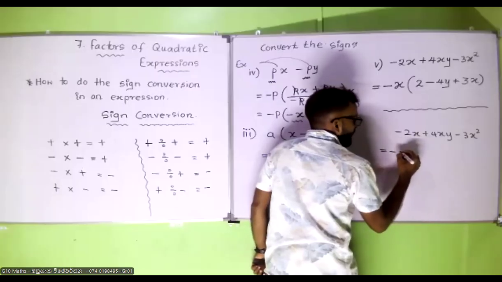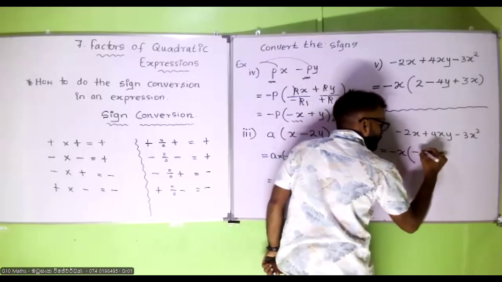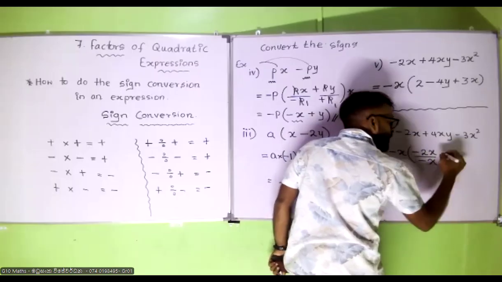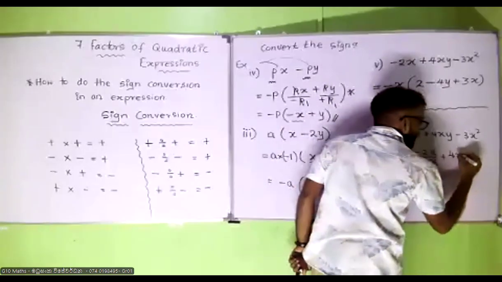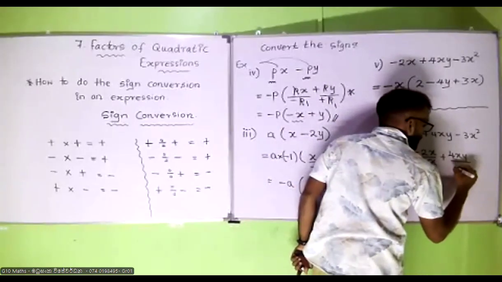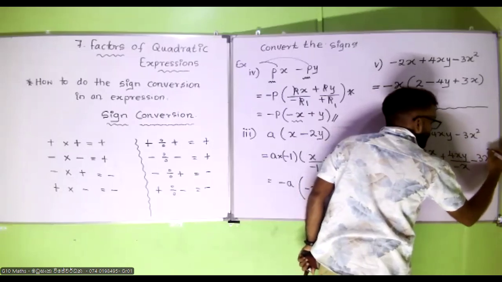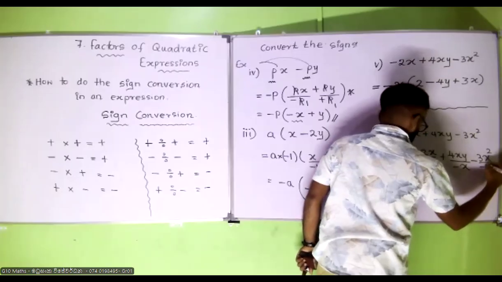I am going to take negative x out from this. That means I am going to divide this negative 2x by negative x. Here you have positive sign, 4xy divided by negative x. Here you have negative 3x squared. That term also divided by negative x.